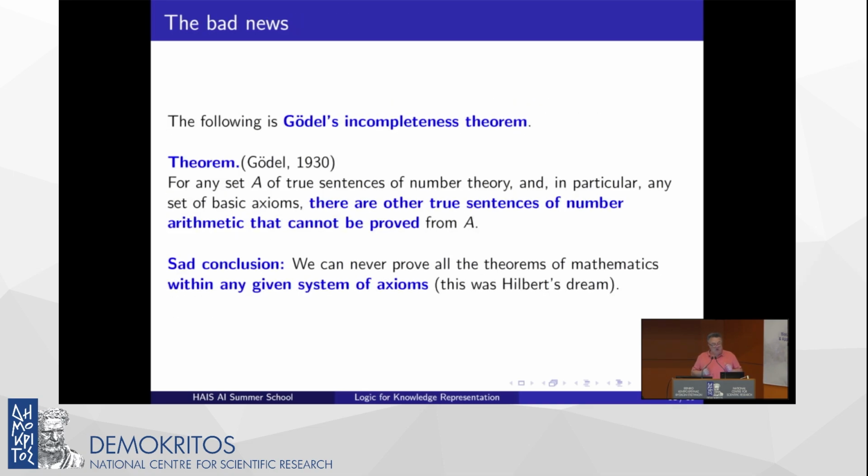But there is also the incompleteness theorem of Gödel, again proved the same year, that says that for any set A of true sentences in number theory, and in particular any set of basic axioms, there are other true sentences of number arithmetic that cannot be proved from A.